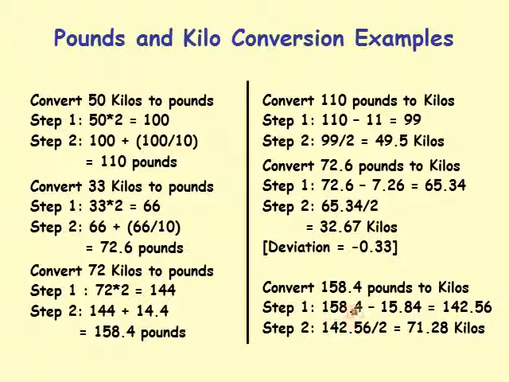First approximation is subtract a tenth, 158.4 minus 15.84, which gets me 142.56. Next step is divided by 2. I got 71.28, so I'm undershooting again. Instead of 72 kilos, I got 71.28. My deviation is minus 0.72.